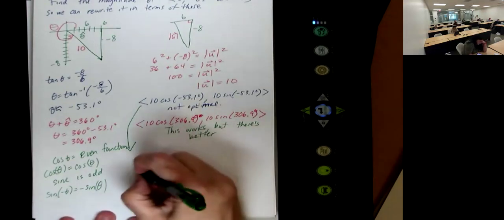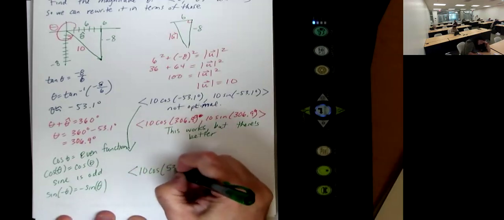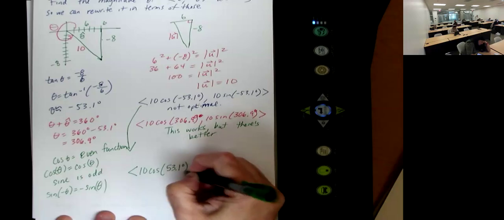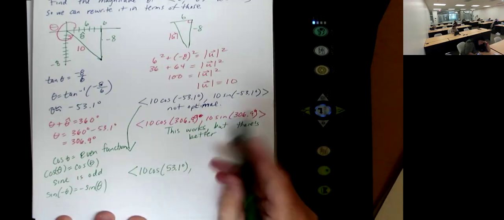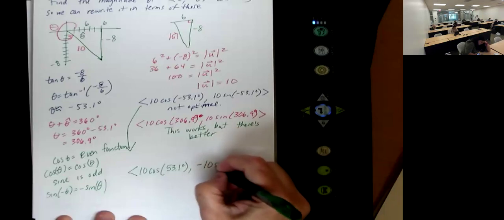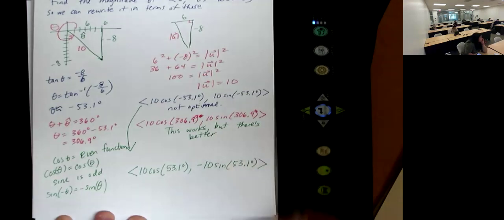So instead, I could write this as 10 cosine, use the positive 53.1 degrees, and then sine, we got a negative, I'll pull the negative out. That's probably the best form.